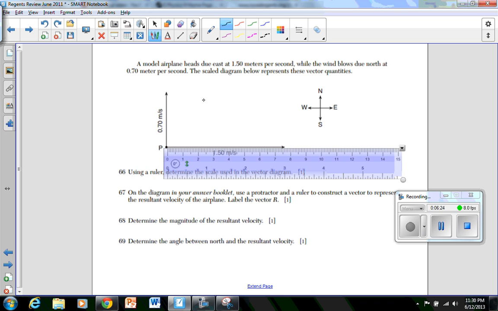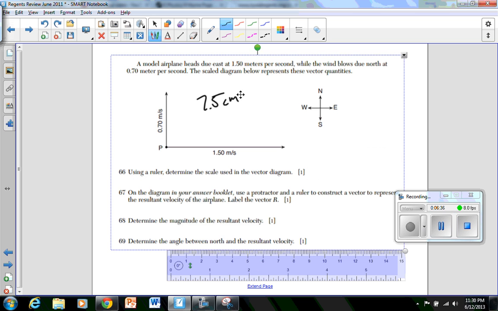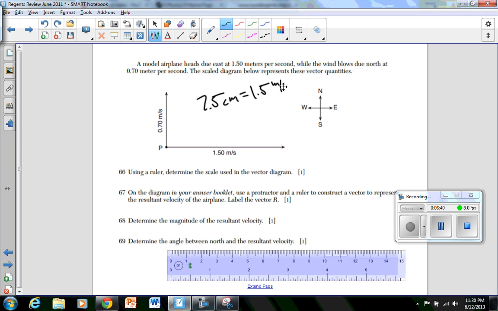So 7.5 centimeters is equal to 1.5 meters per second. That means we just have to divide that. 1 centimeter is going to be 0.2 meters per second. And that is the scale that we're using here.